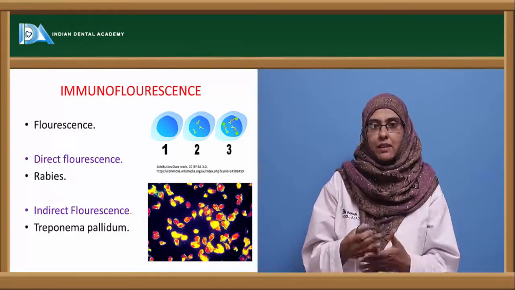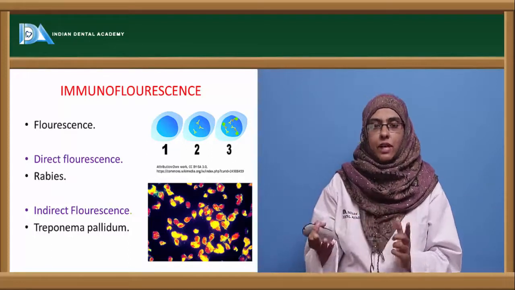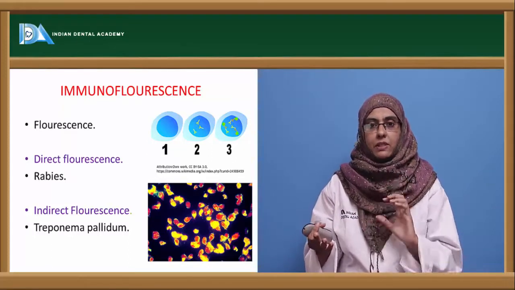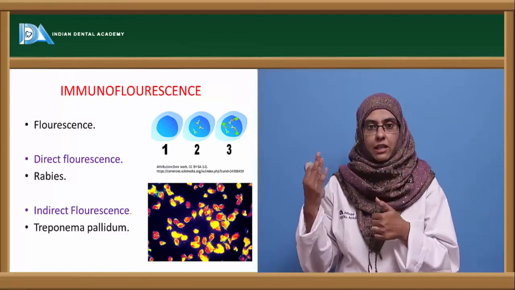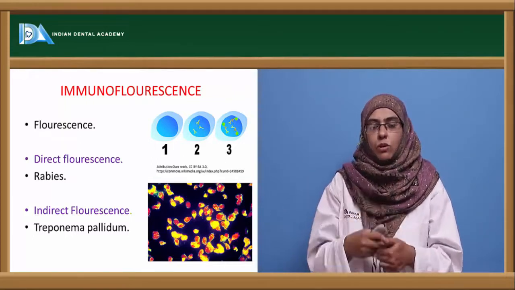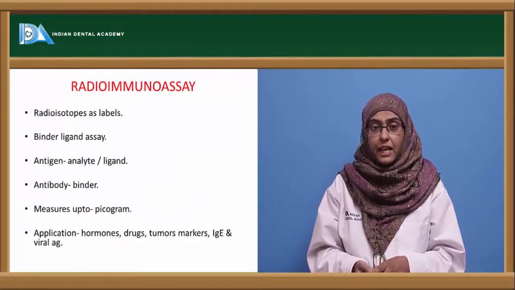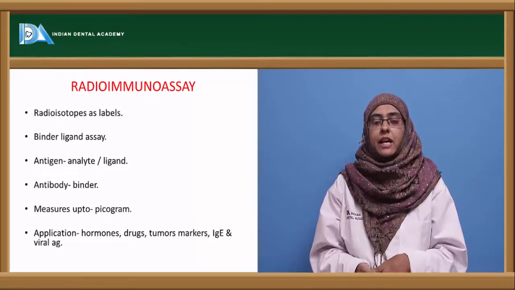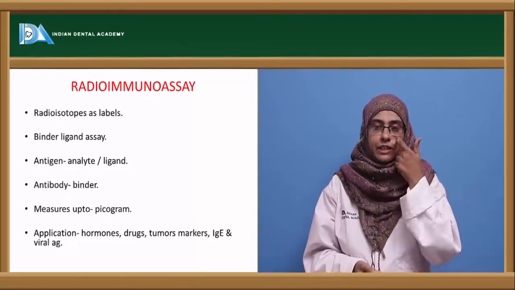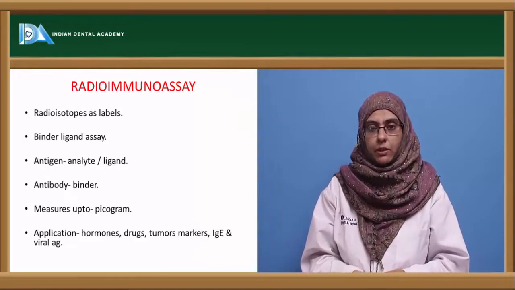So it is called sandwich because the antigen is sandwiched between two different types of antibody: one specific antibody towards that antigen and another antibody that is conjugated with the fluorescent dye towards this immune complex. So that is called the immunofluorescence technique. And it is more rapid, more sensitive, helps in detection very well, easily detecting either the antigen or the antibody.